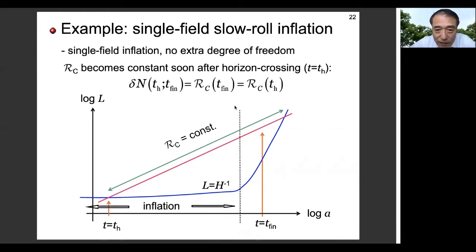The curvature perturbation on comoving slicing on super-Hubble scales is always constant in time. Maybe I do have to show it somewhere, but this is the result of the Einstein equation.